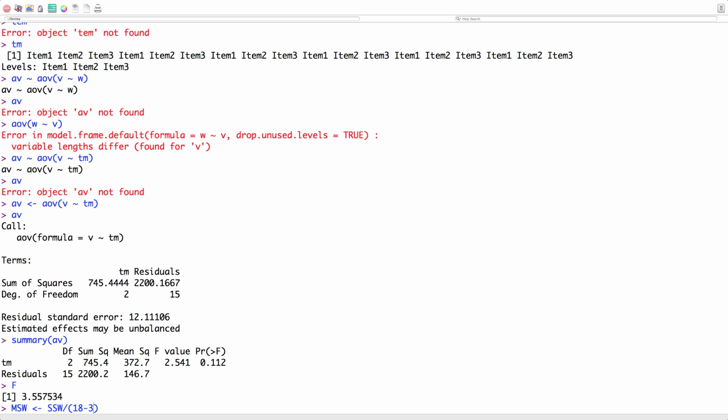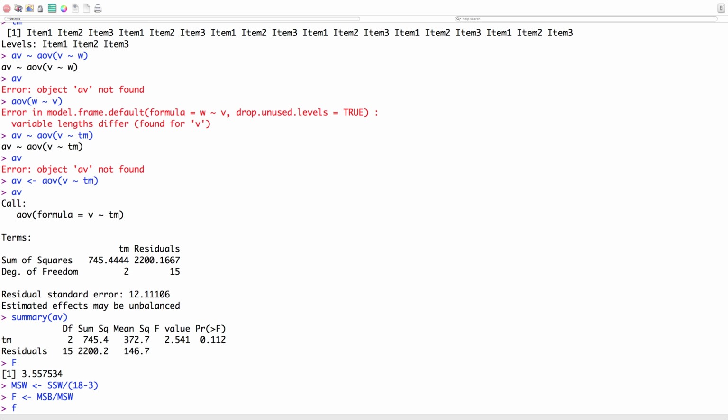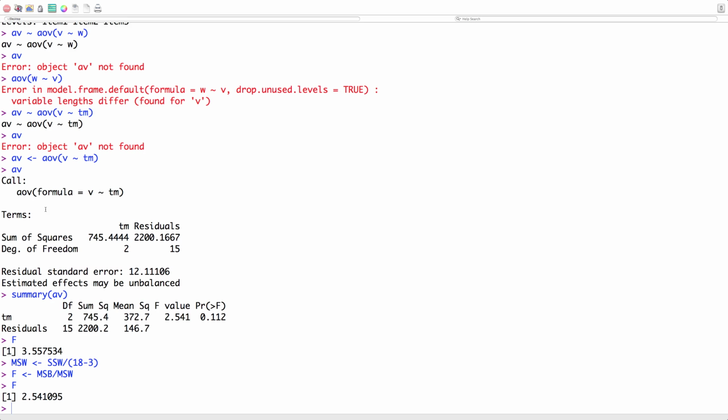Of course, you can't tell me that, right? Because it's probably a week or so before you're ever going to listen to this. So we can let F be our mean squares between. So our F statistic is 2.54, which now lines up.